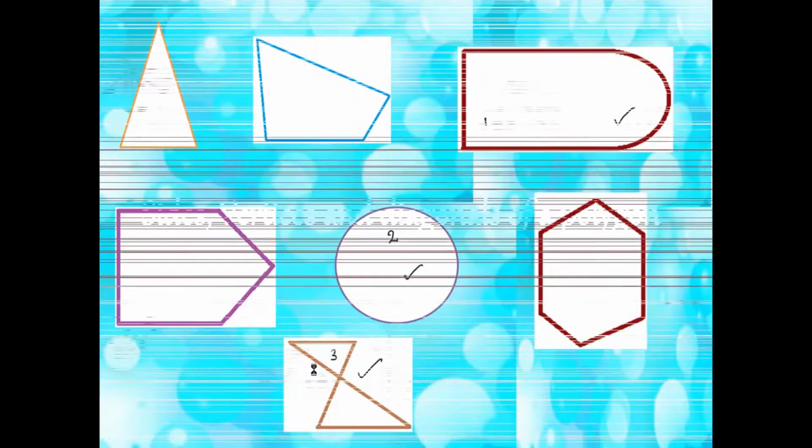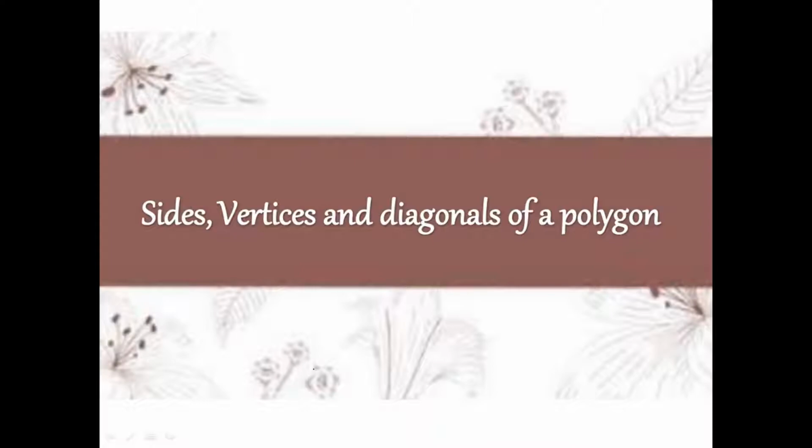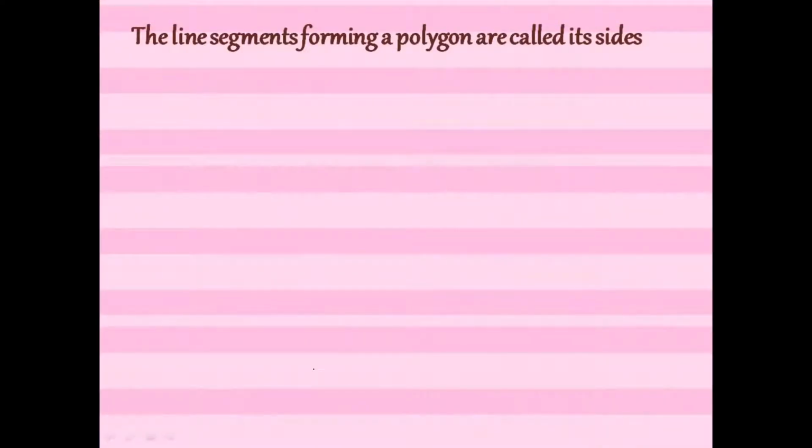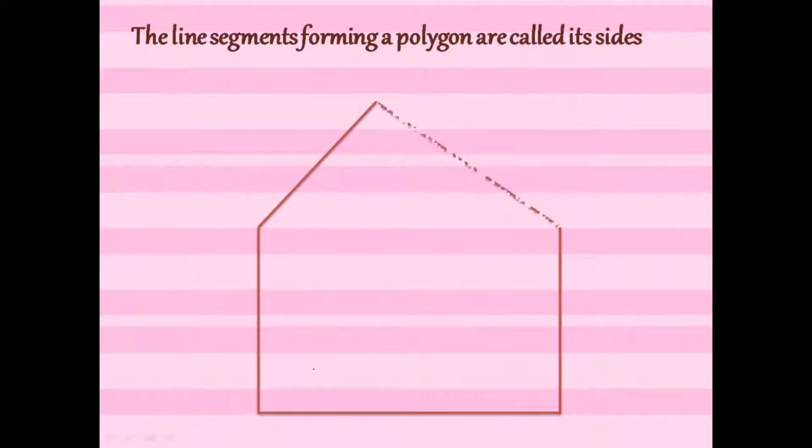Let's learn about the sides, vertices and diagonals of a polygon. The line segments forming a polygon are called its sides. Let's draw a polygon using line segments. So using line segments, here we form a polygon, right?